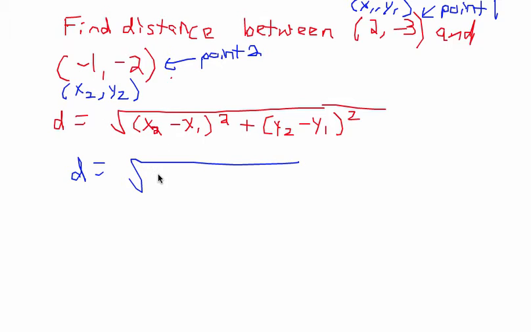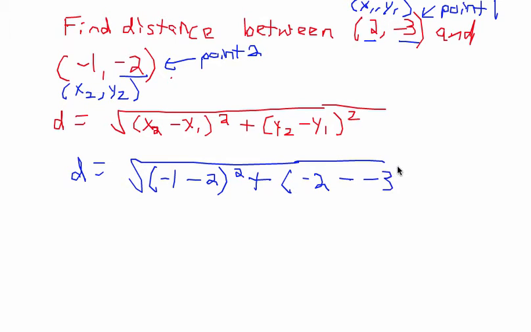x2 is -1 minus x1, which is 2, quantity squared, plus y2, which is -2, minus y1, which is -3, quantity squared.